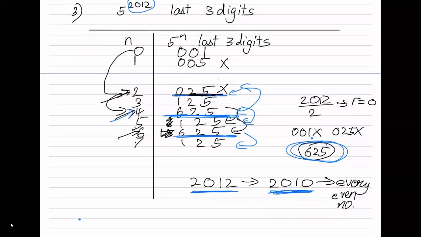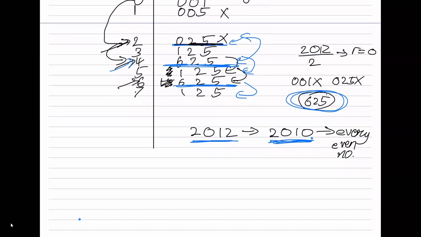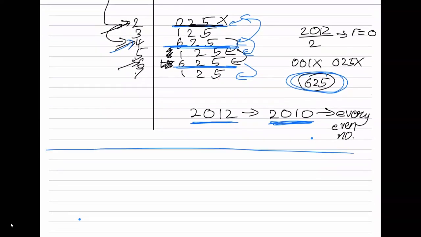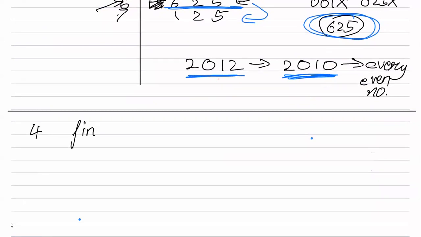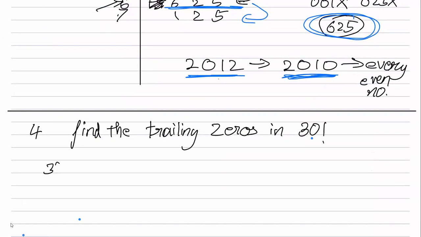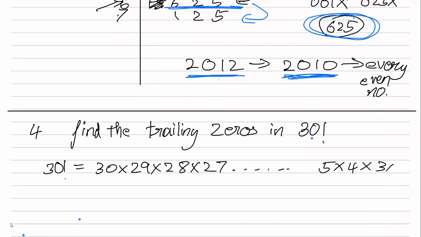Okay, fine. We'll do another question. Find the trailing zeros in 30 factorial, and 30 factorial is equal to 30 times 29 times 28 times 27 and so on, until you reach 5 times 4 times 3 times 2.